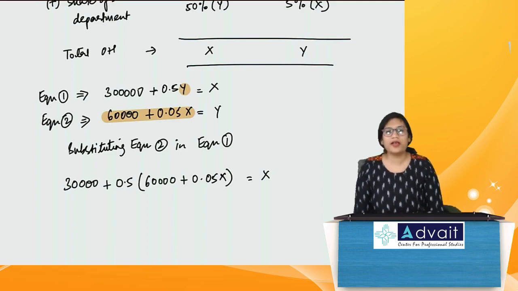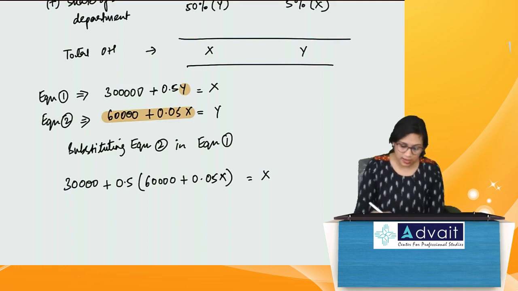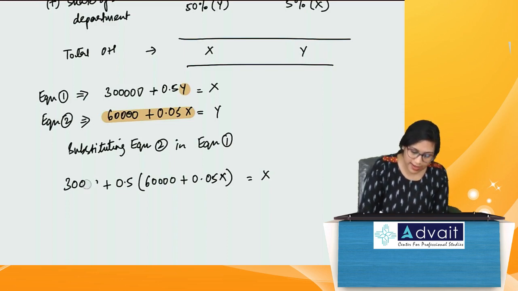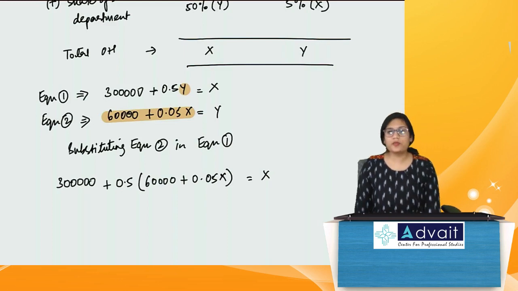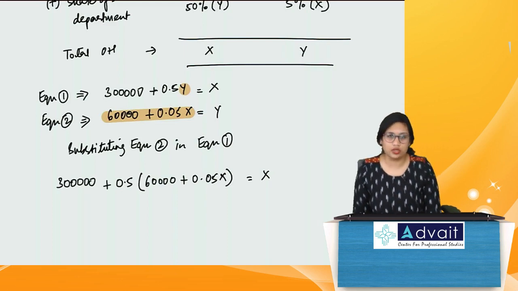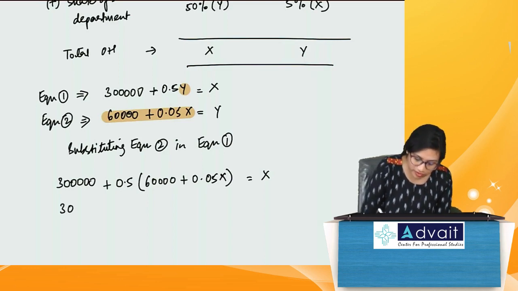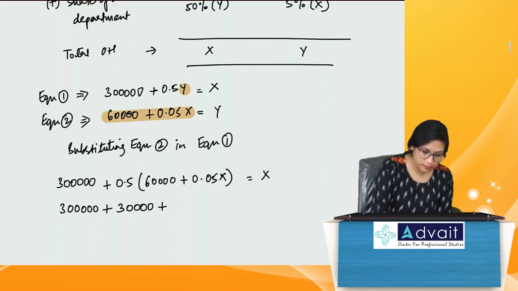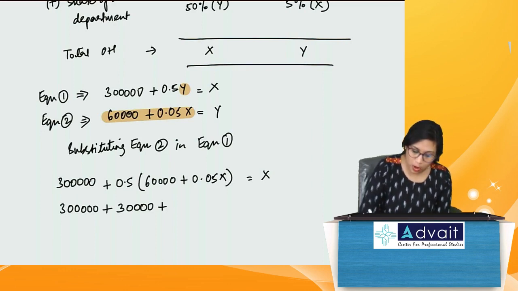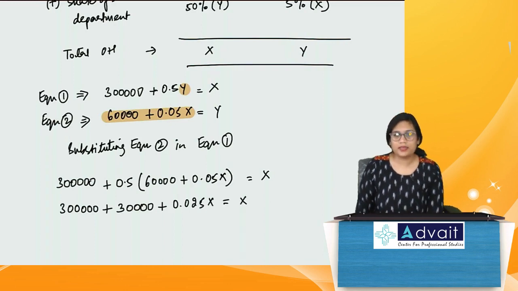Now my equation has become a linear equation. Yes, this is 3 lakhs. Sorry. So now can we solve it? Very, very simple. So let's start solving. 3 lakh plus 30,000 plus 0.025x equals x.